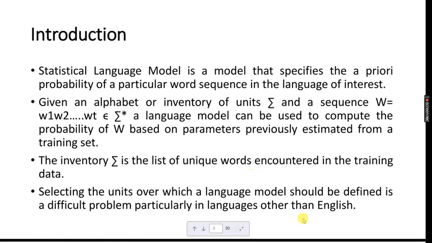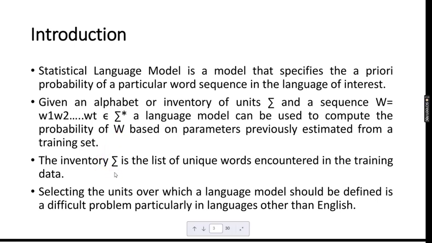This can be represented as W equals W1, W2 up to WT, where T is our target word, which will be predicted based on word 1, word 2, word 3 and all the n minus 1 words. This can be called Σ star. So this is a language model which computes the probability of words based on the previous words or parameters.